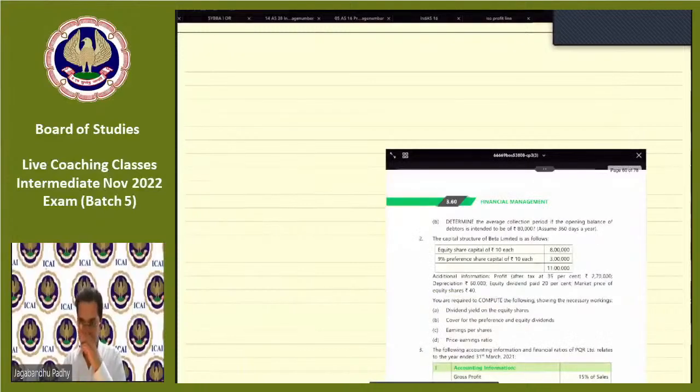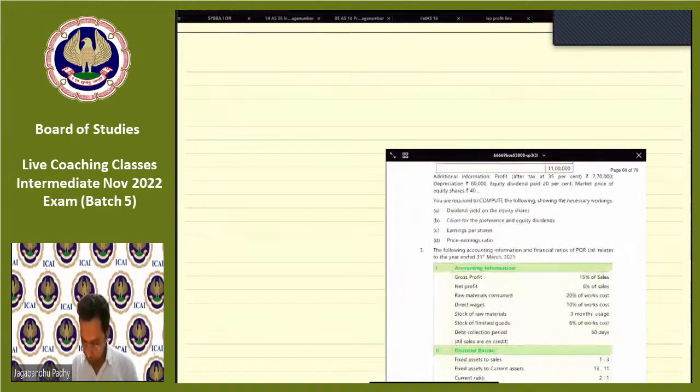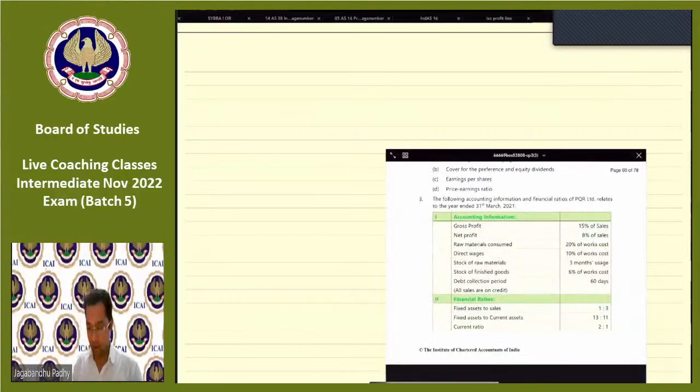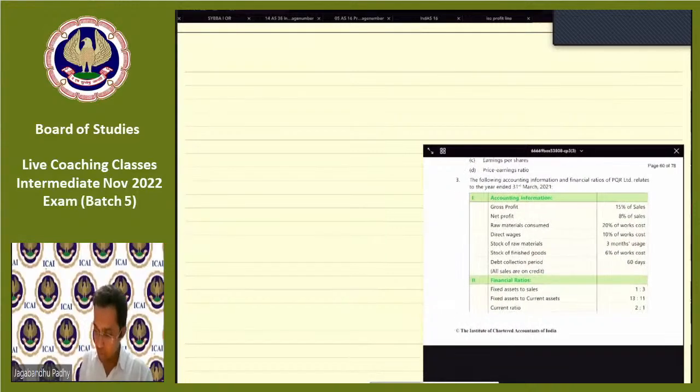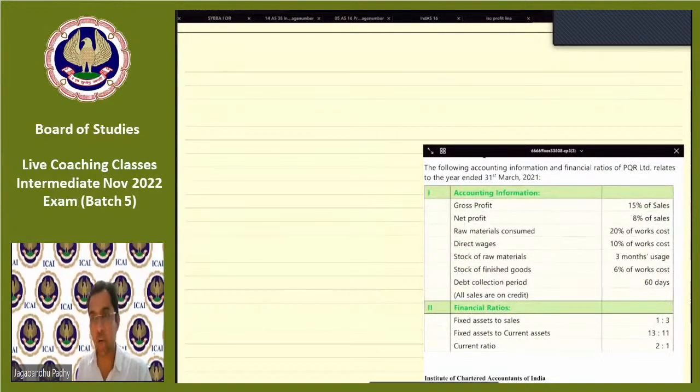Let's start with the solution. First and foremost, what we have is the gross profit information.